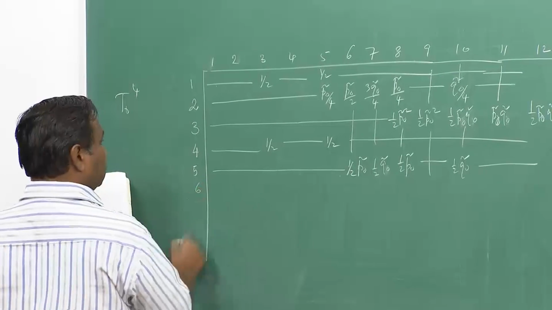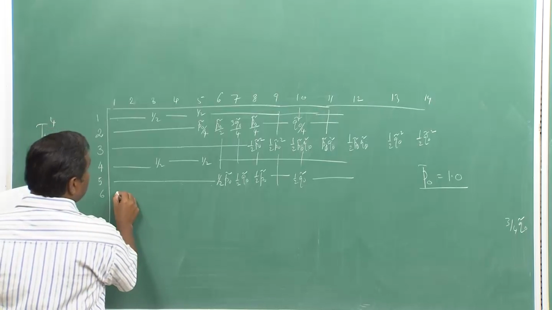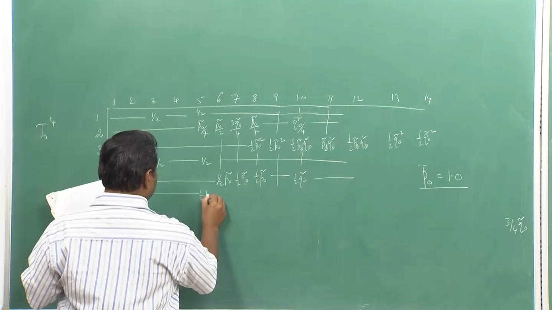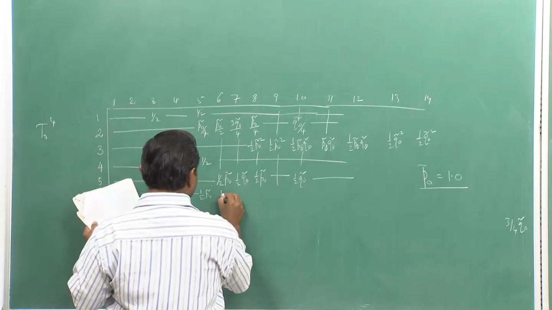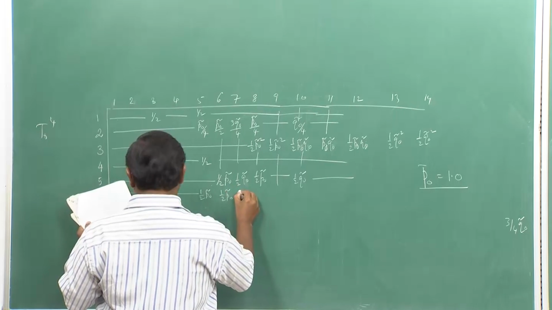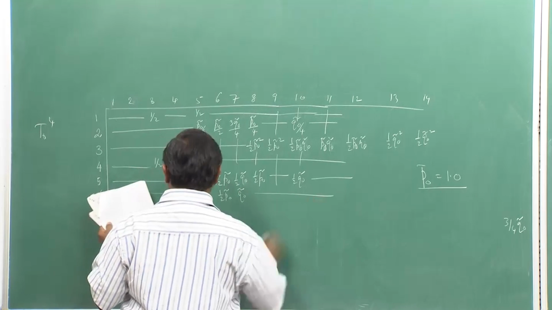Then 6th will be at the 5th location, half p0, half p0 q0 tilde.